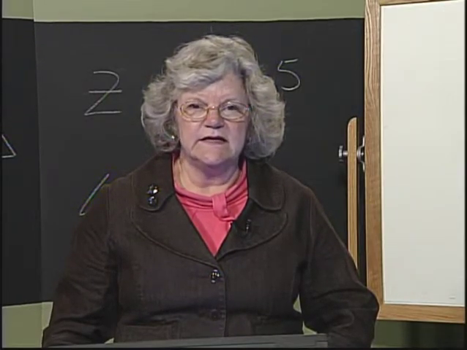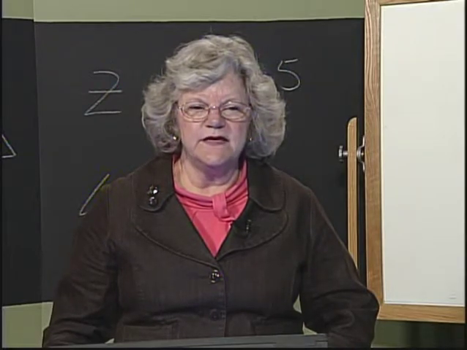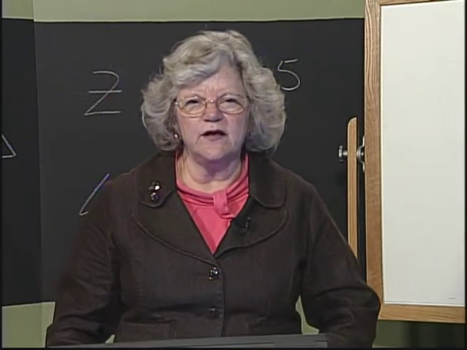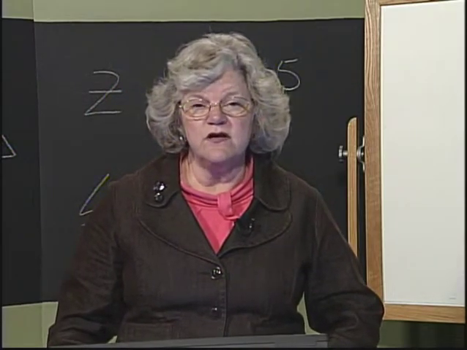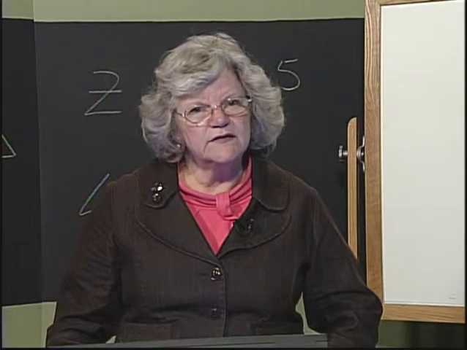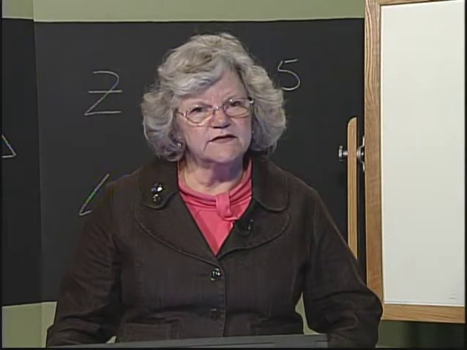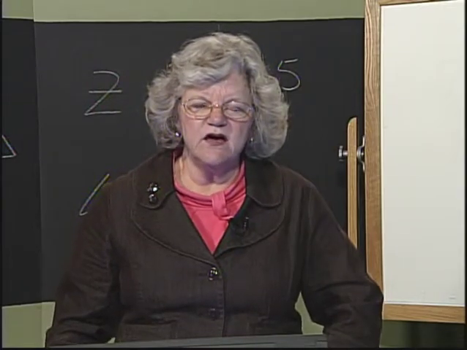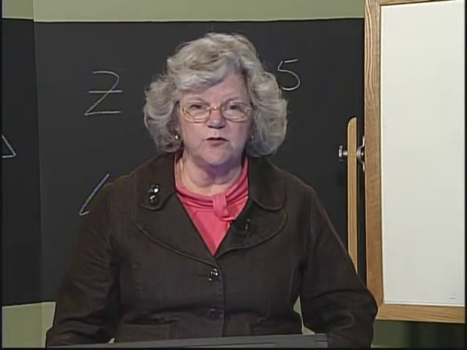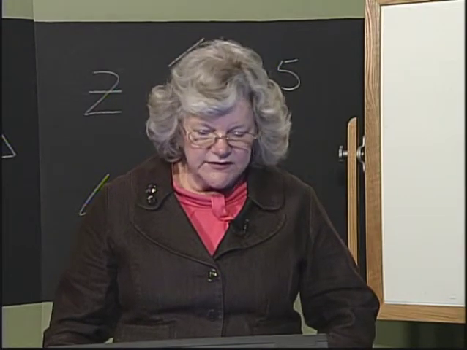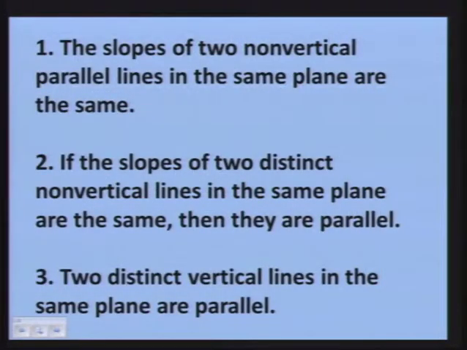Now let's think, could there be any exception to that? Could we have two parallel lines whose slopes are not the same? What if we had vertical lines? Those slopes are undefined. How can you say undefined equals undefined when we don't know what undefined is? So let's continue our definition and we'll deal with that.